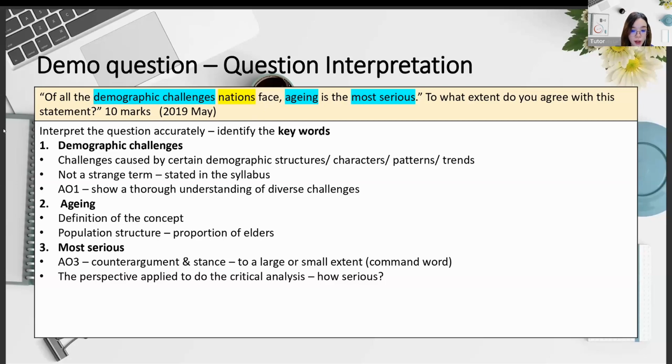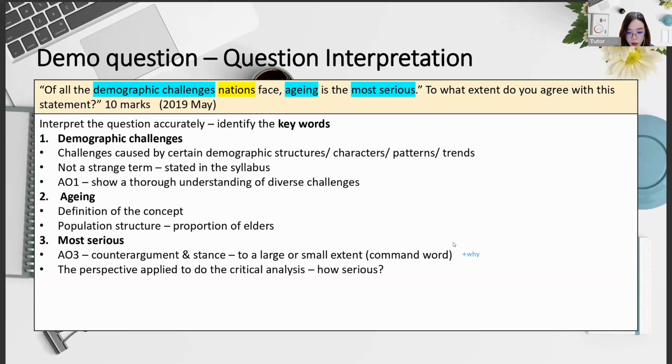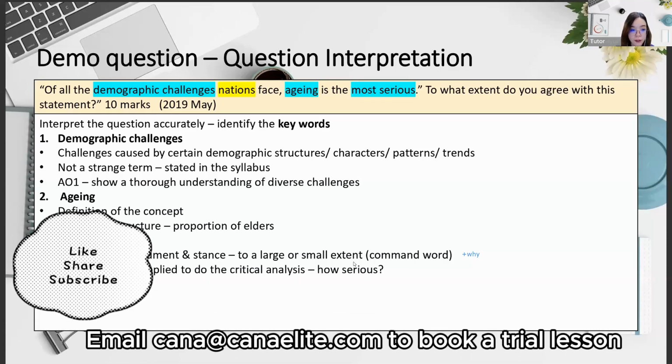So not just saying that, yeah, to a large or to a small extent, but you also mention why in the contents in your essay, and then the perspective applied to do the critical analysis in that case is how serious that is. If you're able to tell that, as I put forward as an example, then it should be fine, and your AO3 ability is demonstrated in the essay.